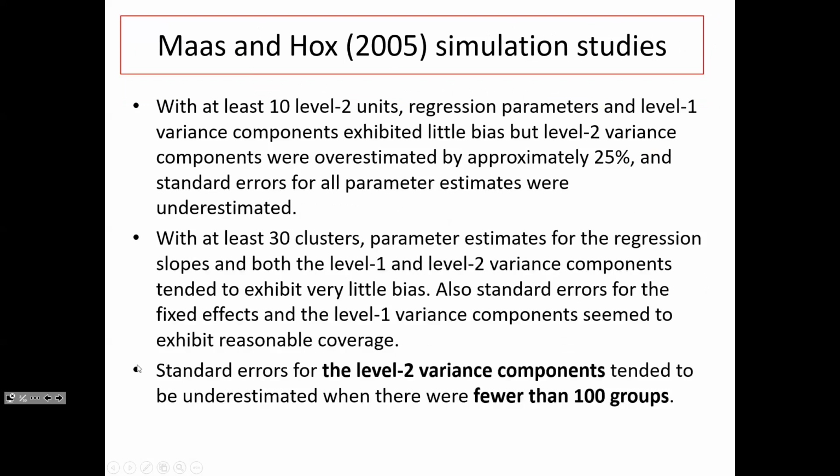Moss and Hawks did a really large-scale simulation study, which stands to this day as a study that really guides researchers in terms of sample size requirements for multi-level studies.